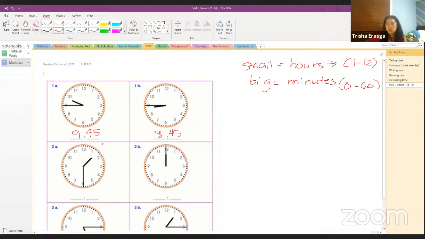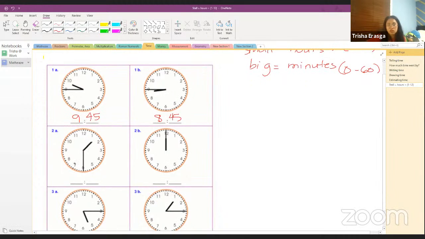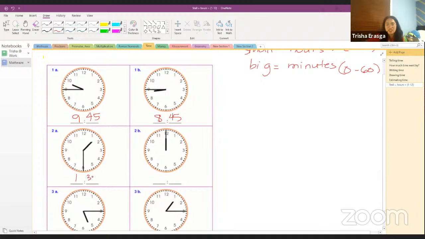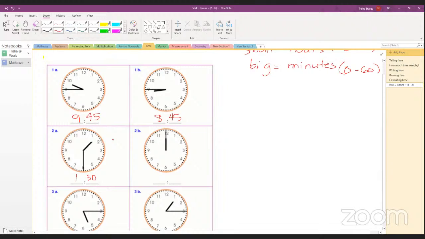And the last one for today will be this one, 2A. If you guys have the answer, you can just tell me. If not, I'll just go over. The answer is 1:30. Yes, that's right. Because the small hand is not at 2.